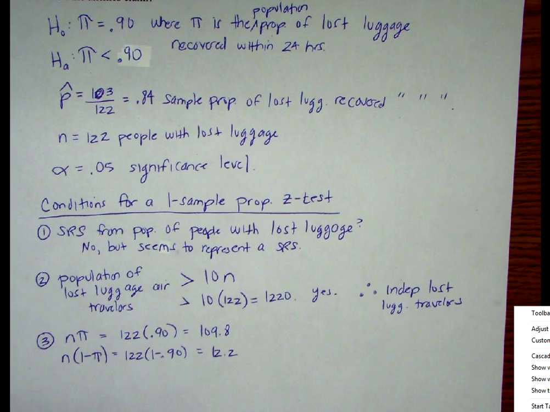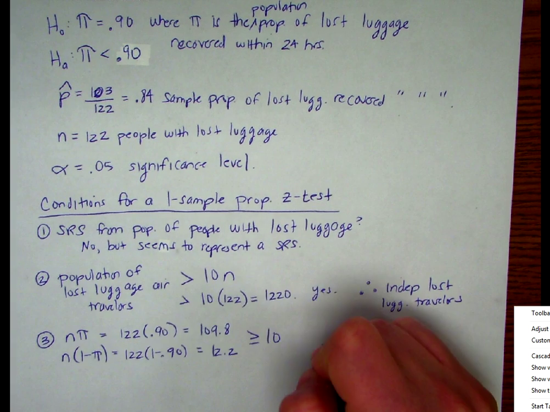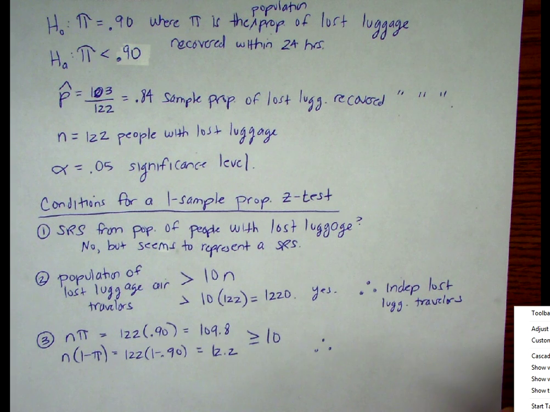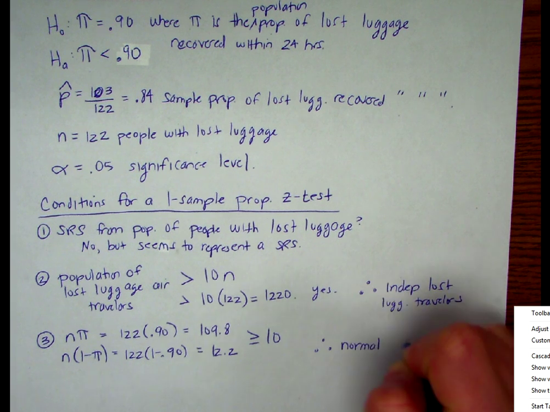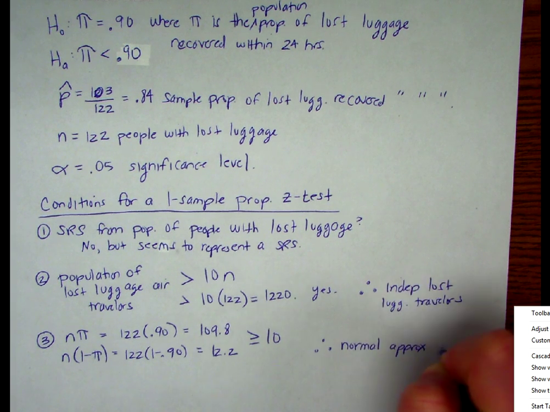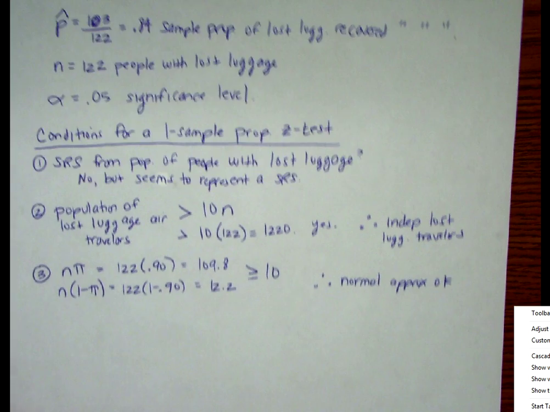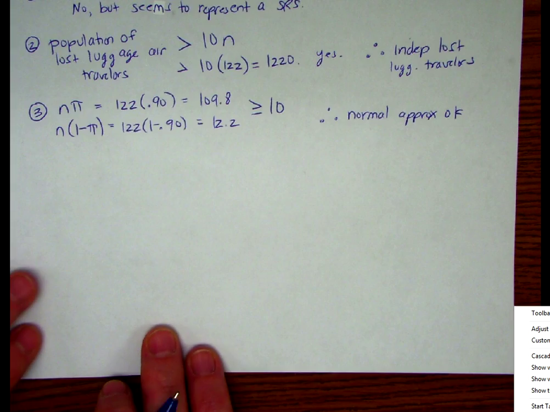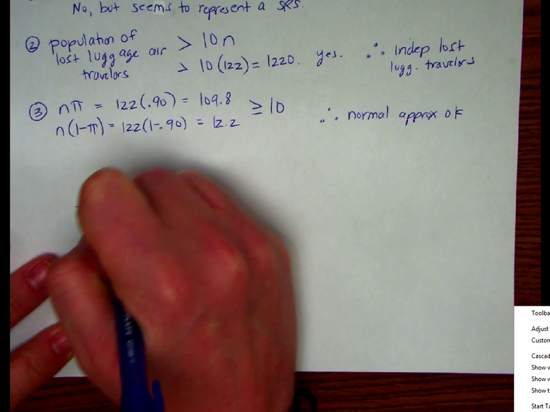Pretty darn close, but both of these are greater than or equal to 10. So what that means is that, therefore, we can say that a normal approximation is okay. And that's important because that is what allows you to proceed to draw your normal curve.